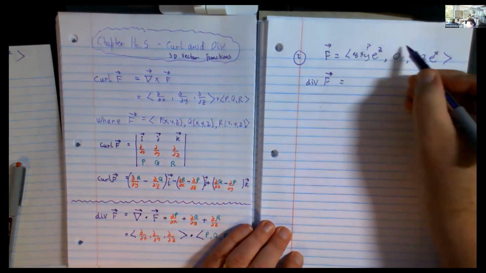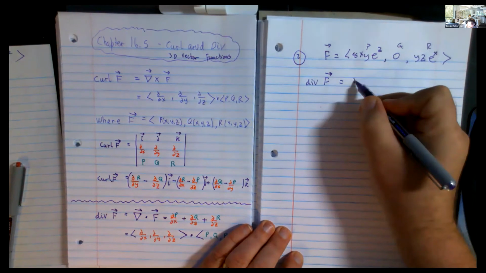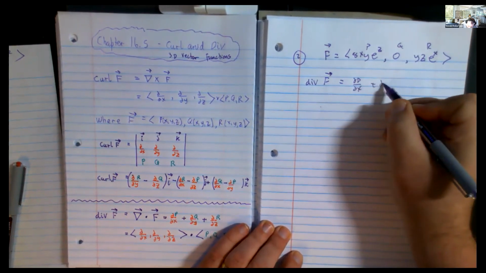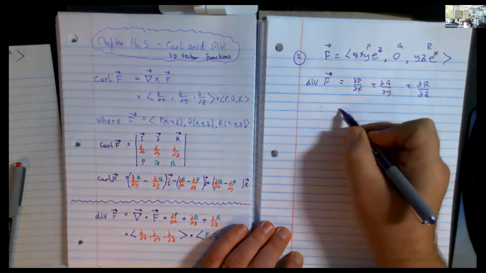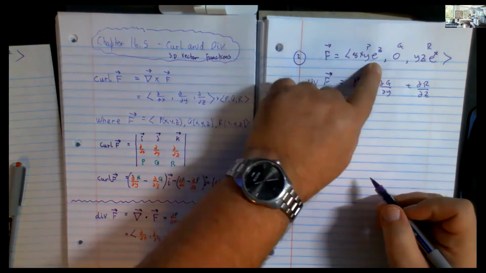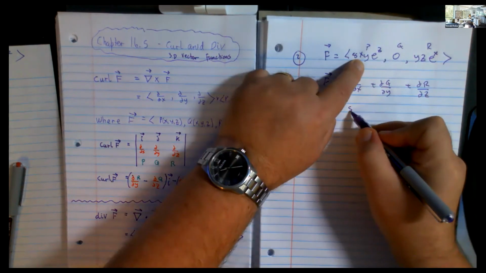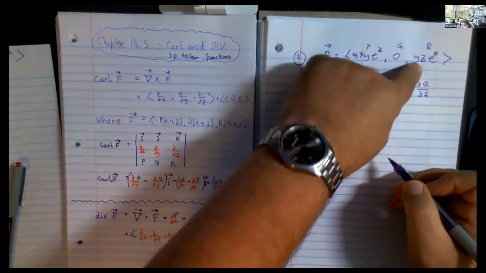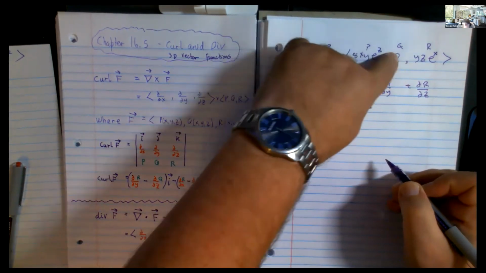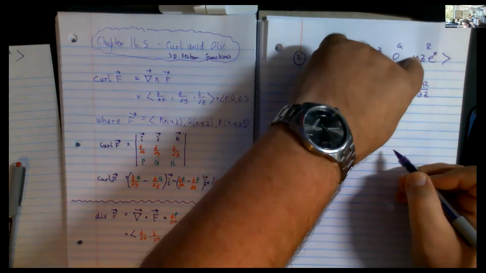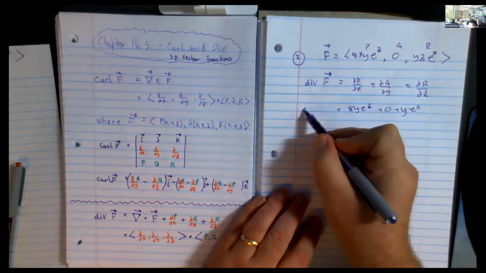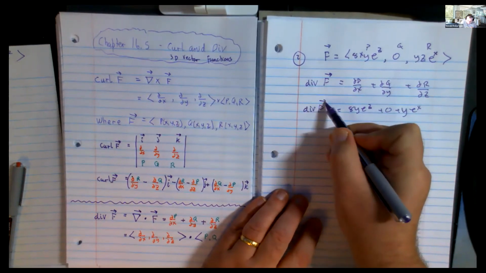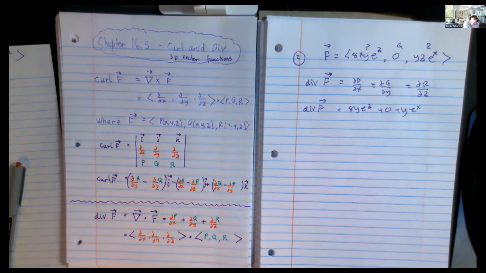If I call this P, call this Q, call this R, we do that guy. Partial derivative of this fellow with respect to x is 8y e to the z. Partial derivative of this guy, well, it's 0, so I guess it's 0. Of this guy with respect to z is y e to the x. We good?